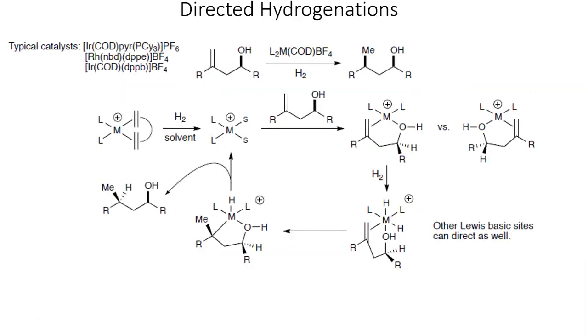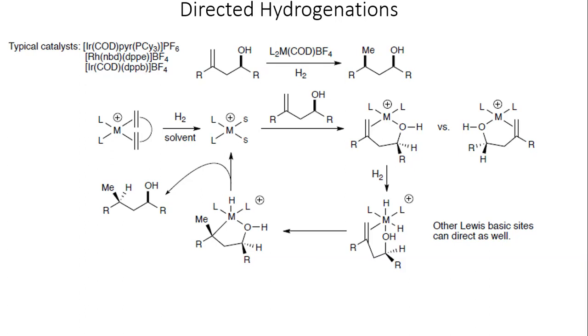So you also have what we call directed hydrogenations, and this is kind of an entree into asymmetric hydrogenations, right? Because if it's directed, kind of like when we talked about the Sharpless epoxidation on allylic and homoallylic alcohols, how the Sharpless is actually directed by an alcohol.